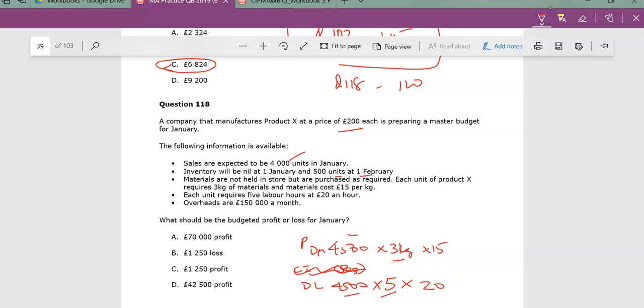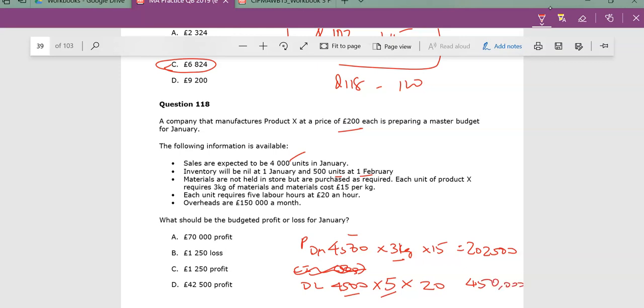Okay, great. So let's calculate this. 4,500 times 3 times 15 is 202,500, and then 4,500 times 5 times 20 is 450,000. Great.